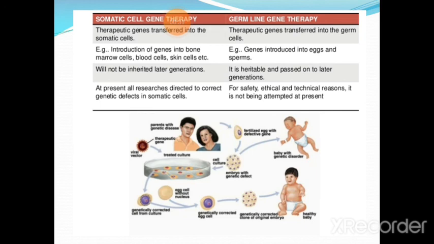So in somatic cell gene therapy, genes are put into bone marrow cells, blood cells, skin cells, etc. Whereas in germline gene therapy, genes are introduced into eggs and sperms. In somatic cell gene therapy, the characters will not be inherited by or passed on to the successive generations, whereas germline gene therapy is heritable and passed on to later generations.